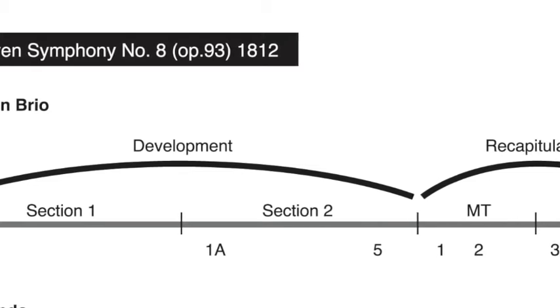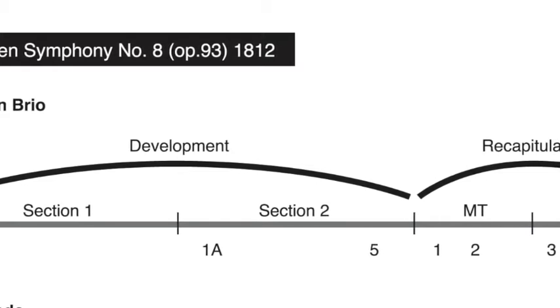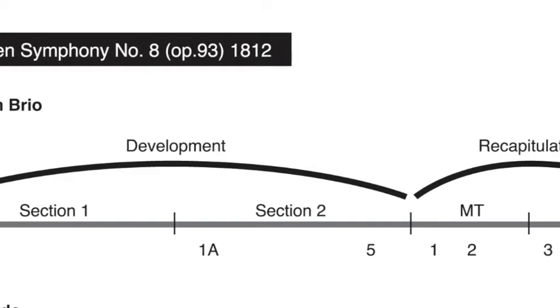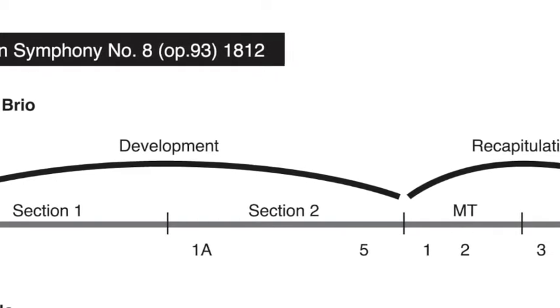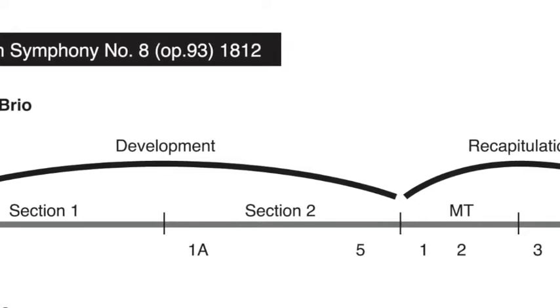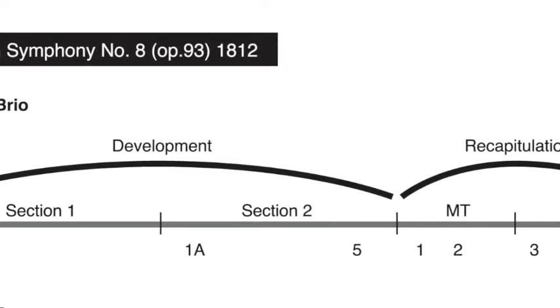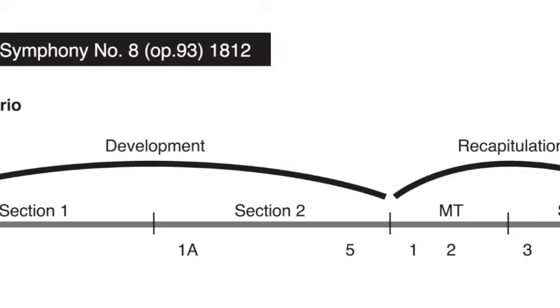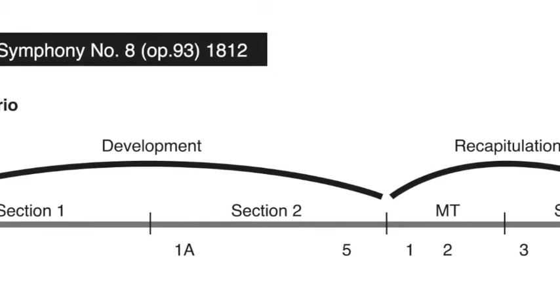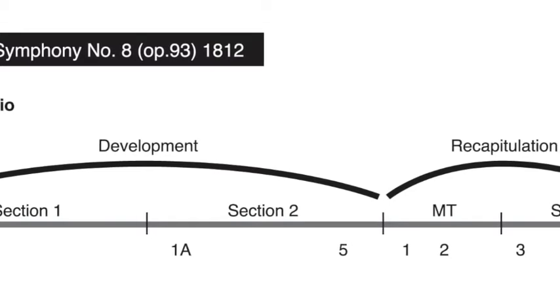Section 1 is underlaid by 5, but he takes the main motive, number 1, and he breaks them up and he moves them around in different keys. That is the idea of the development. Let's just listen to it for a while. See, he's moved into yet another key.